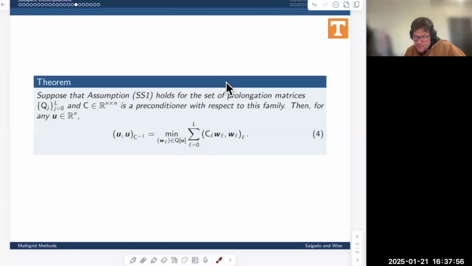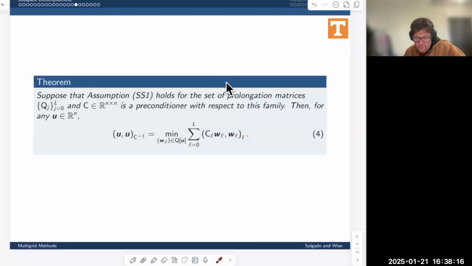It's the minimum over every representative from the Q class of u, a tuple from the Q class of u, over all of these sums of the inner products in M_L, and so on.